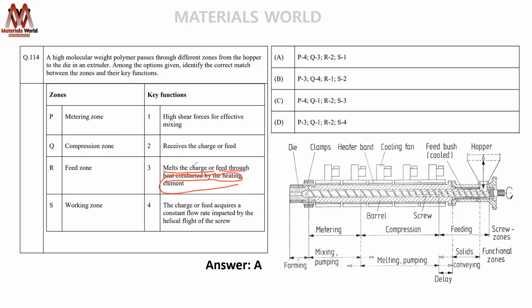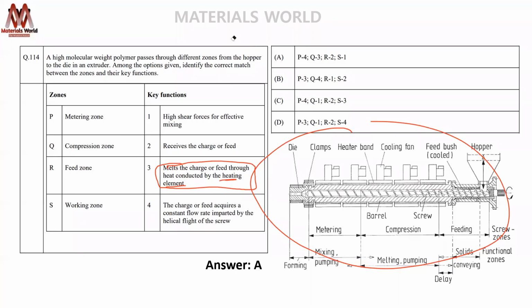This function should be only where a heating element is present. And in this structure of the extruder, the heater band or heating element is added in the compression zone.